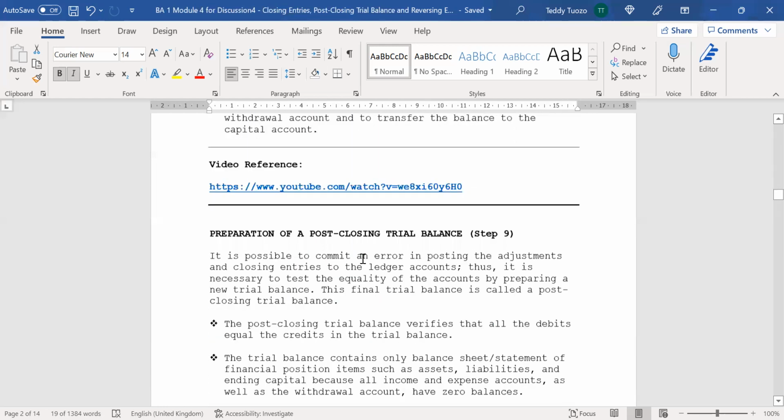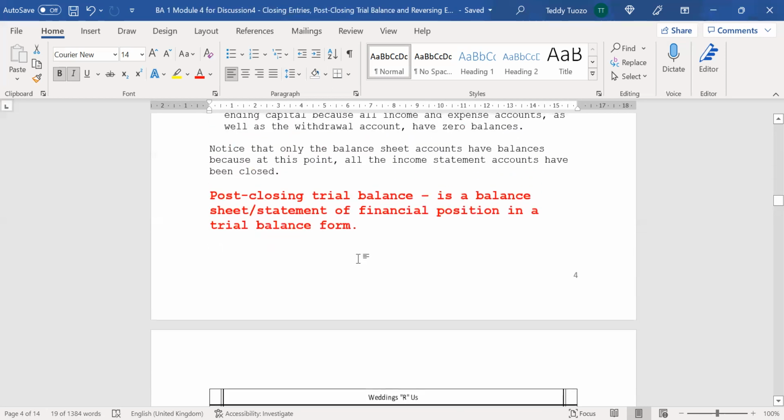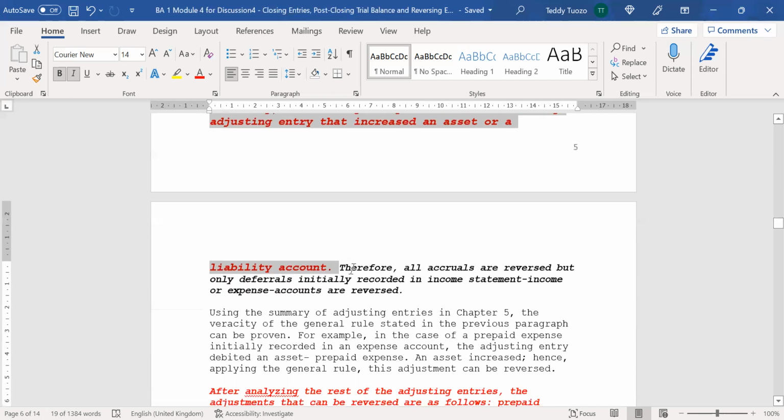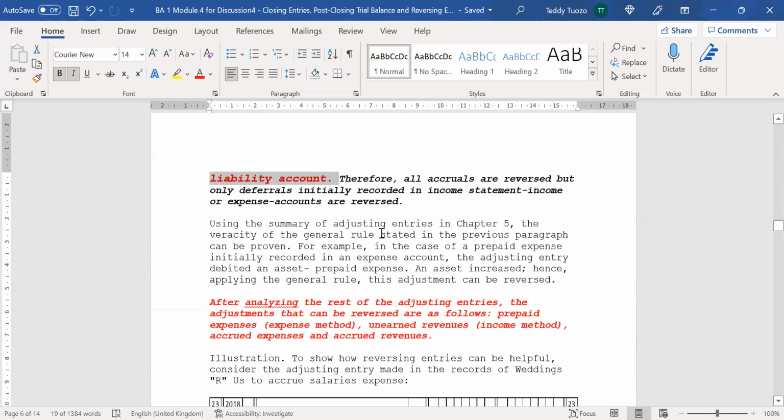Let's go back to the discussion of the reversing entries. Therefore, all accruals are reversed. So atong accruals, atong tanan sa last part, are reversed, but only deferrals initially recorded in income statement under income or expense accounts are reversed.